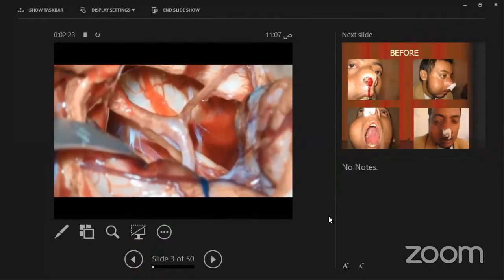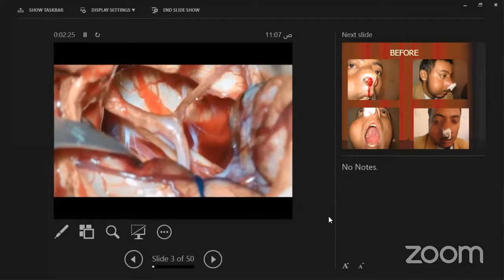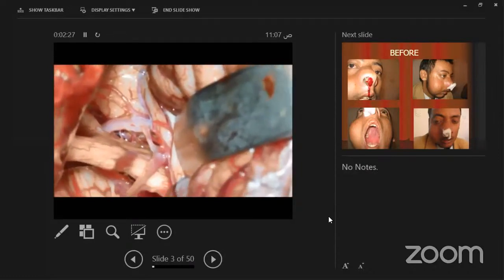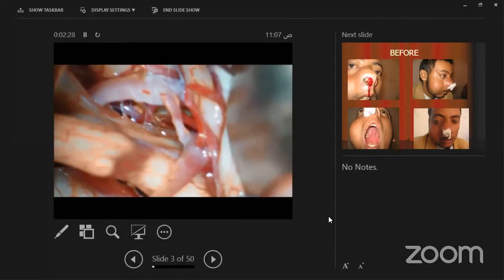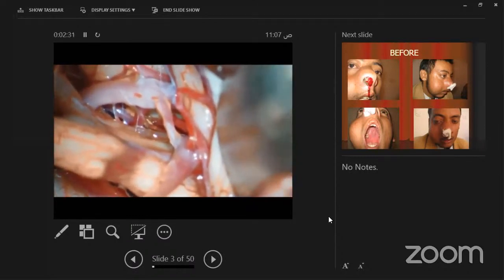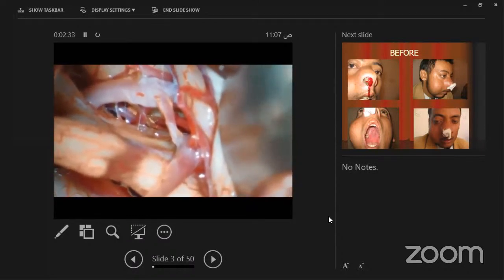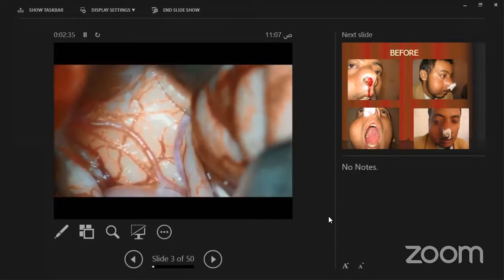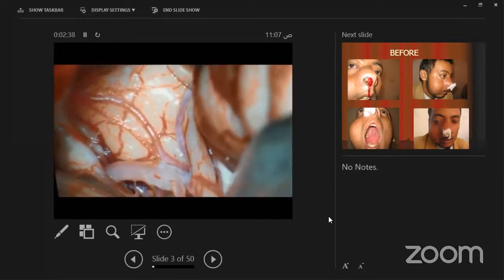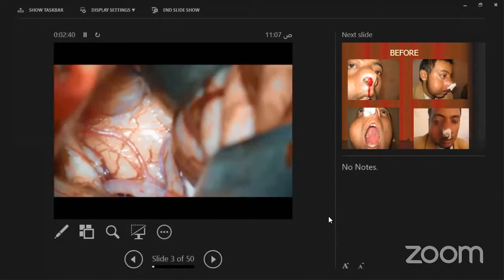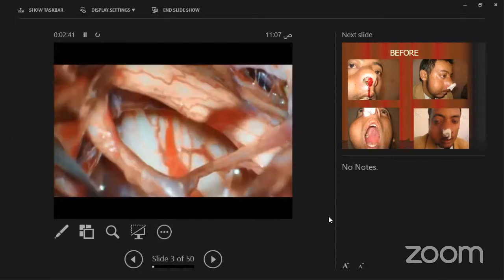You can see down there the brainstem also, from where you can go through the sylvian fissure. The sylvian fissure, you know, is the main part of the anterior skull base, and it is very necessary to know its anatomy in detail. Here you can see the branches.